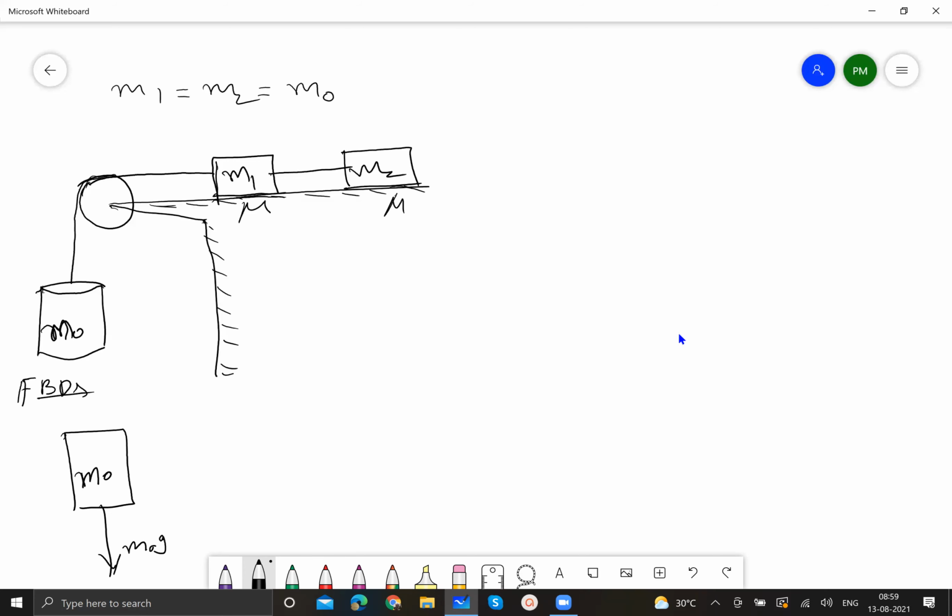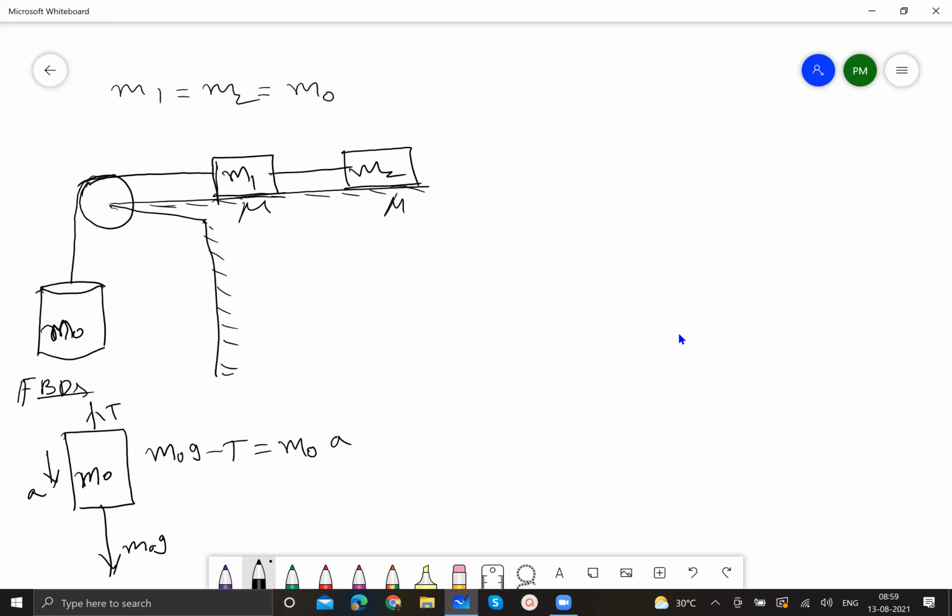M0G, tension, its acceleration is A. So I'll get M0G minus T should be equal to M0A.